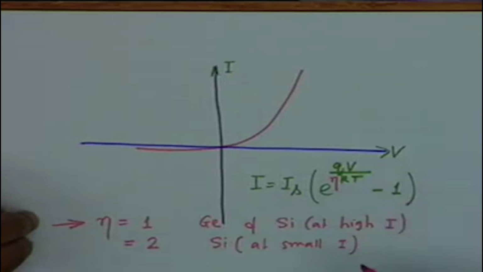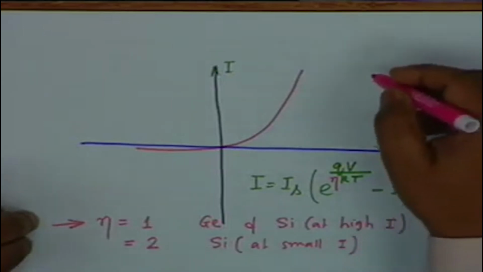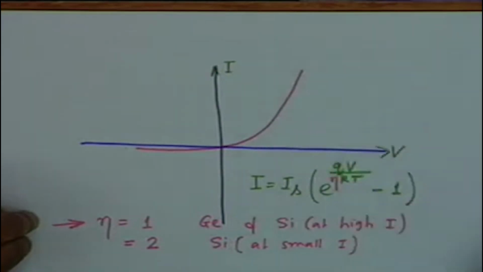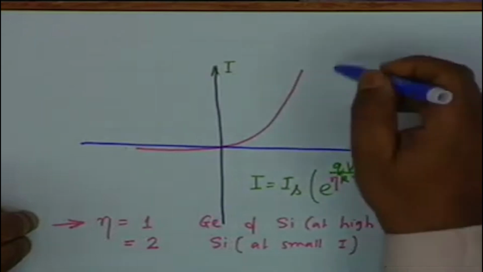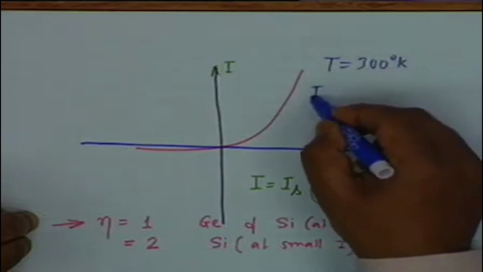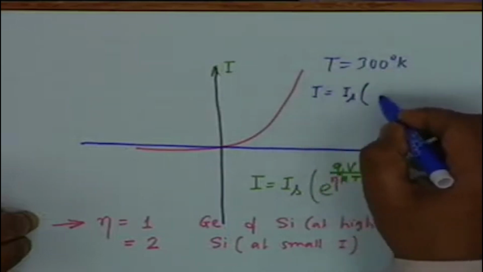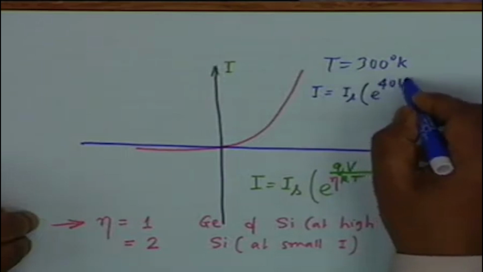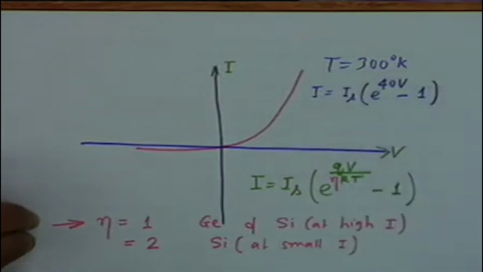We also showed that at room temperature, where capital T is 300 degrees Kelvin, the current can be taken as Is e to the power 40 times V minus 1, where obviously eta has been taken to be equal to 1.